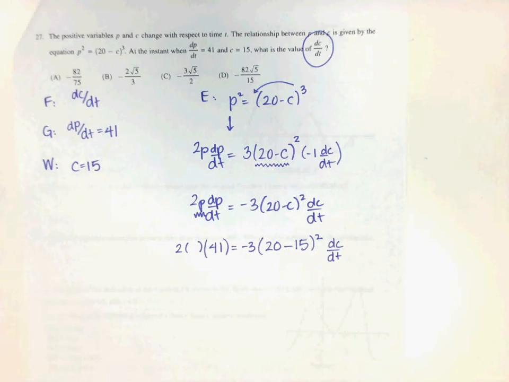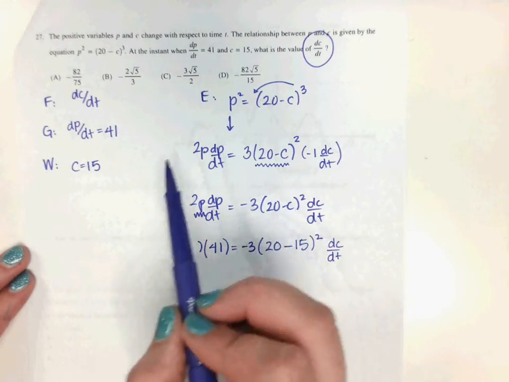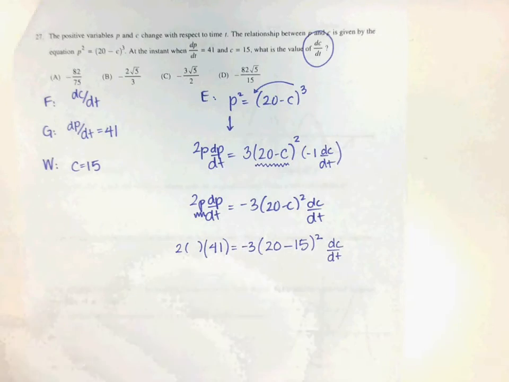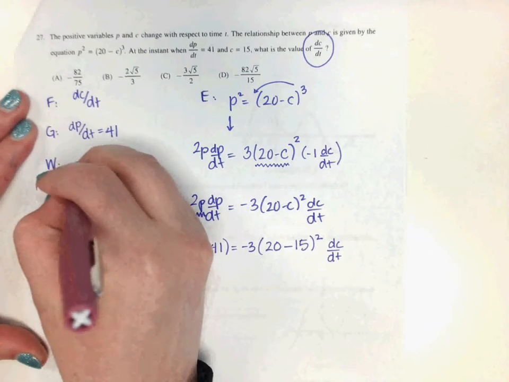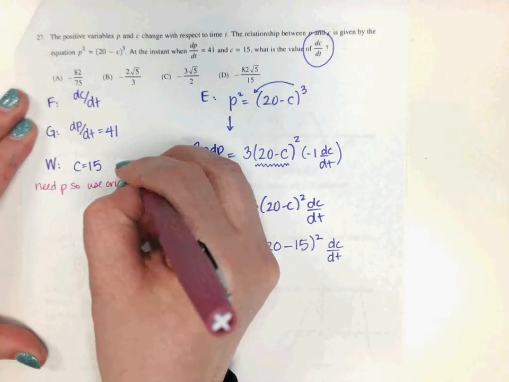Where do you go to find a missing piece? The original. So I'm going to come back up to here. I know C is 15. Well, then can I find P? Yeah. So I'll do that over here to this side. I need P, so use the original.